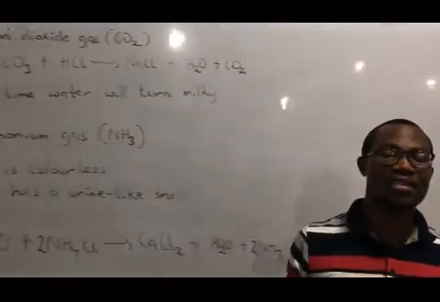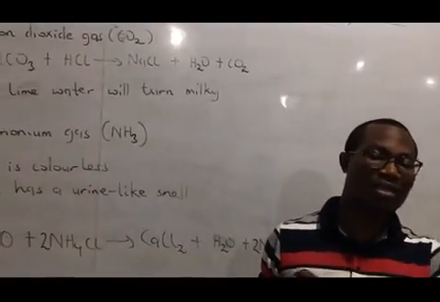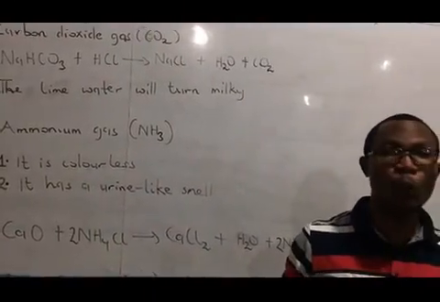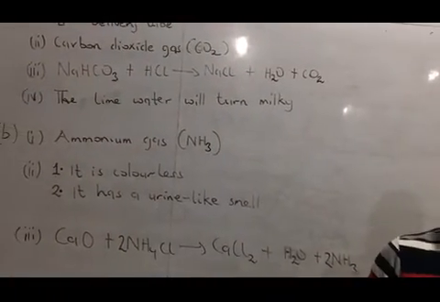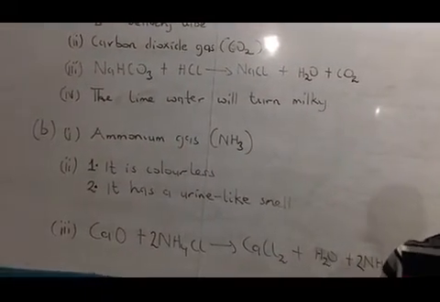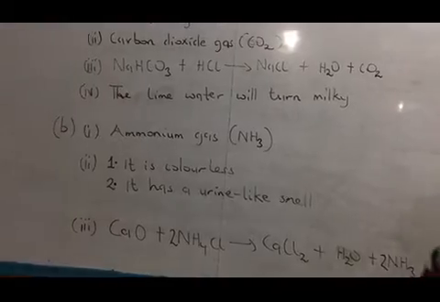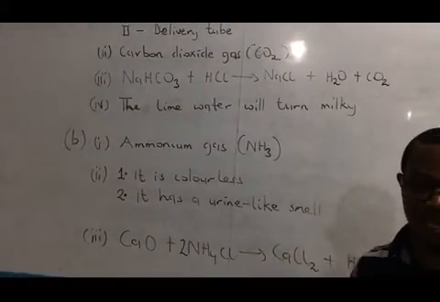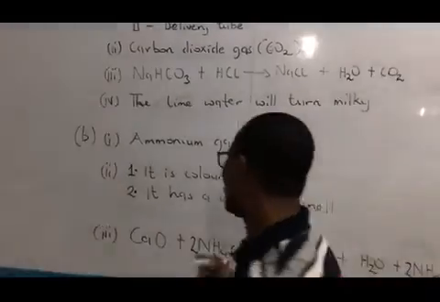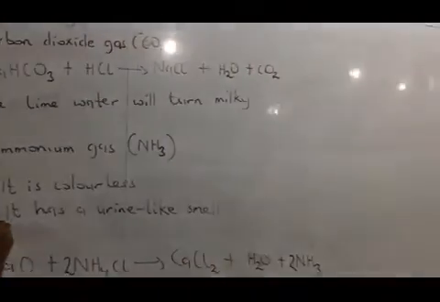If a gas is acidic, it will turn blue litmus paper red. And if it is a basic gas, it will turn red litmus paper blue. So here, you can write that it is a basic gas, or you can say it turns red litmus paper blue. So that is another property.